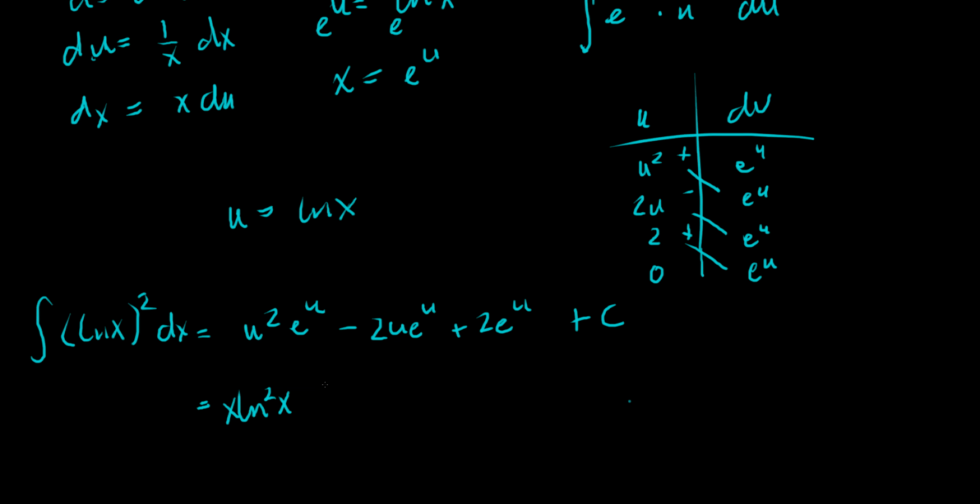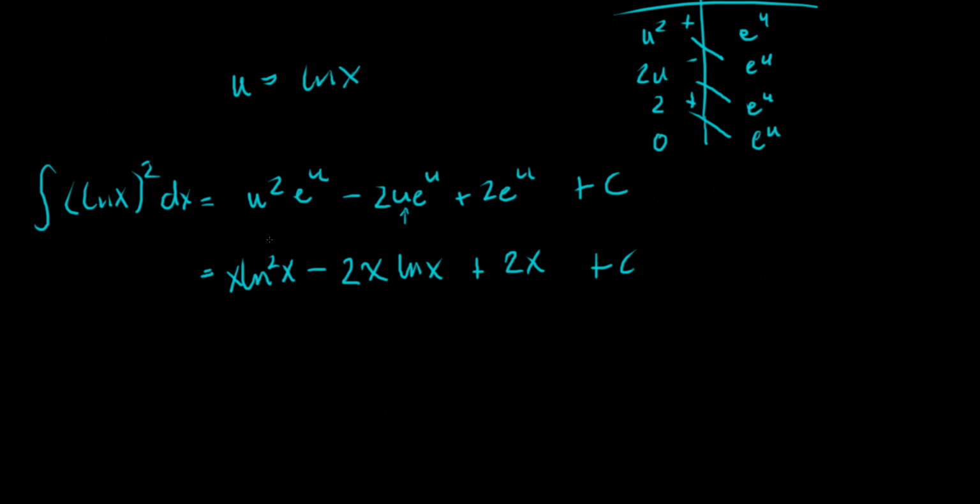So here we get minus 2 ln of x, but we have this e to the u here, so we get an x from that, and then this u becomes ln of x. So then you get 2x ln of x, and then plus we have 2 e to the u, we said that's x, plus c.